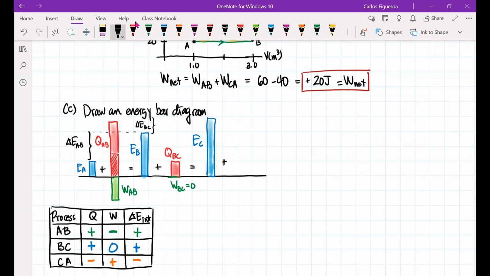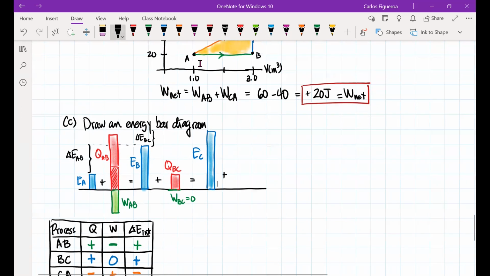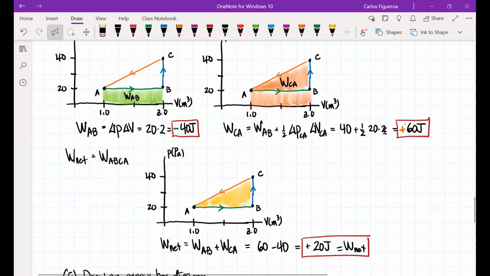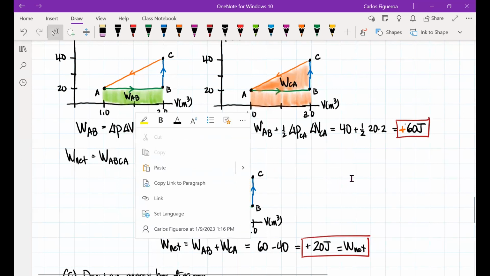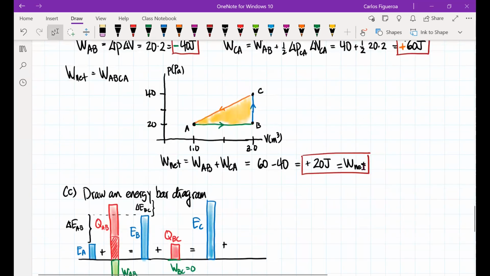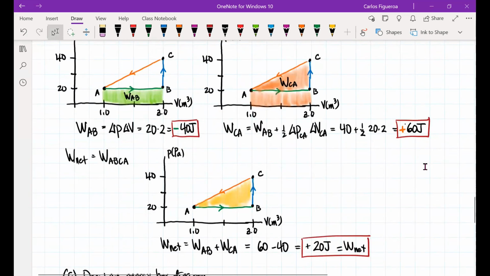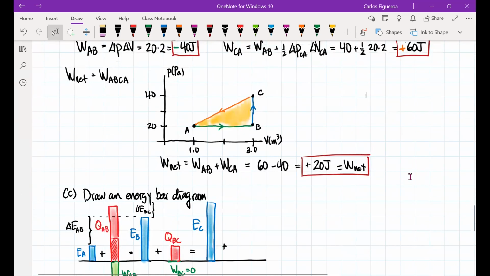So now what I got to do here is that look at, now I'm going from C to A. Now, if I compare the magnitude of the work at CA compared to AB, you could see that the magnitude of CA is larger than the work at AB. And you could see that it's a factor of 2 to 3.